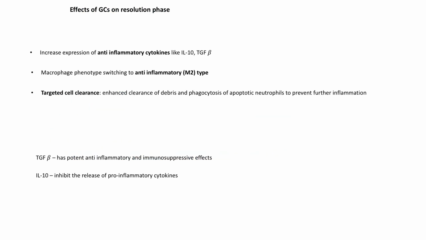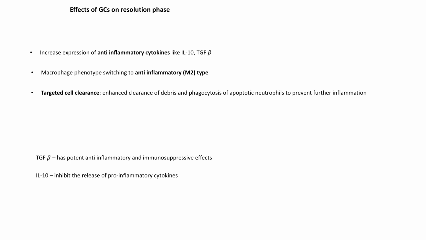Now let's see the effects of glucocorticoids on the resolution phase of inflammation. Glucocorticoids suppress both the vascular phase and the cellular phase. However, glucocorticoids promote the resolution phase of inflammation, that is the anti-inflammatory phase.